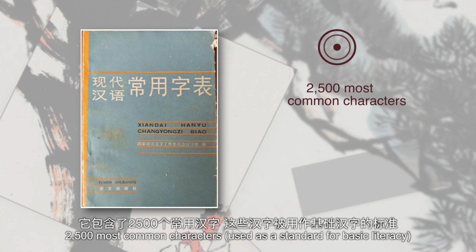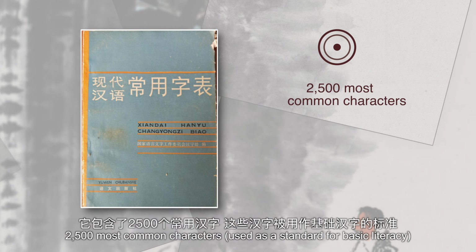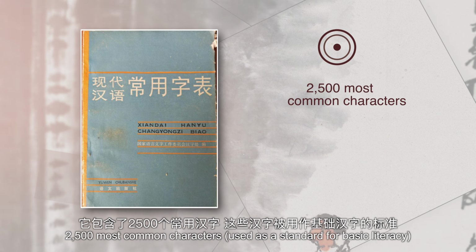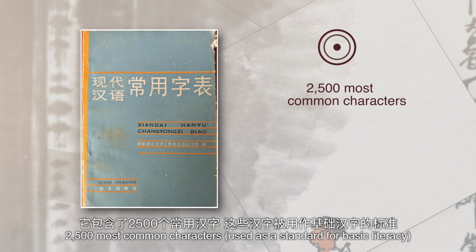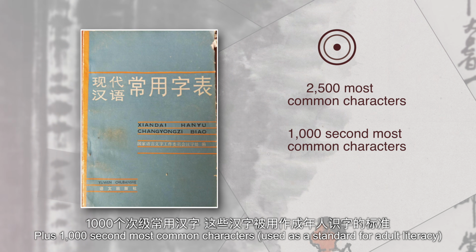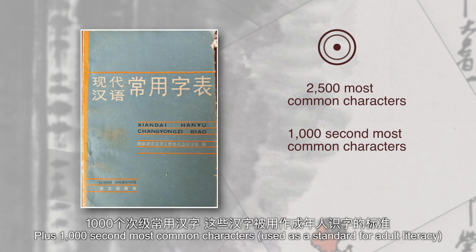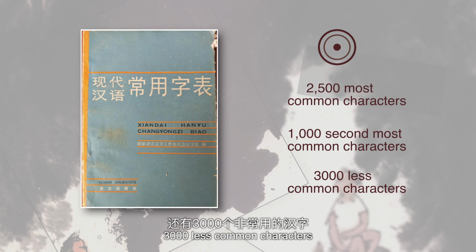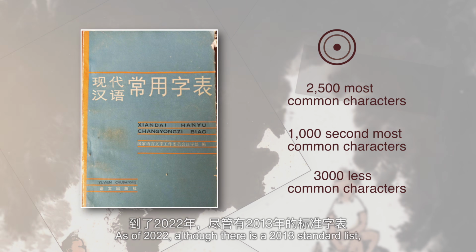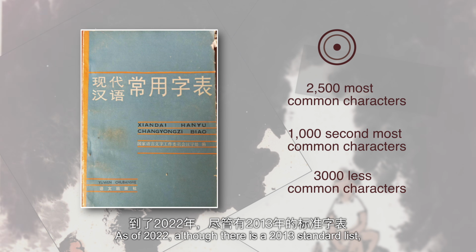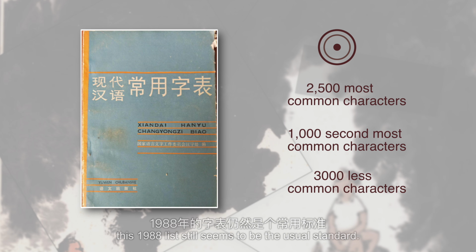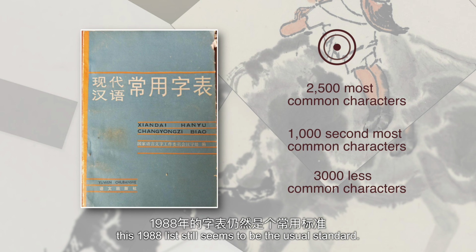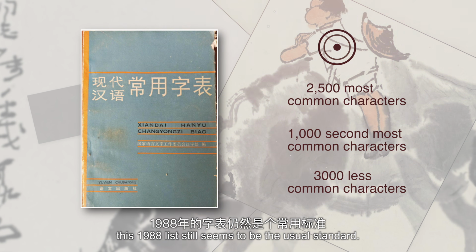It consisted of 2,500 most common characters used as a standard for basic literacy, plus 1,000 second most common characters used as a standard for adult literacy, and 3,000 less common characters. As of 2021, although there is a 2013 standard list, this 1988 list still seems to be the usual standard.